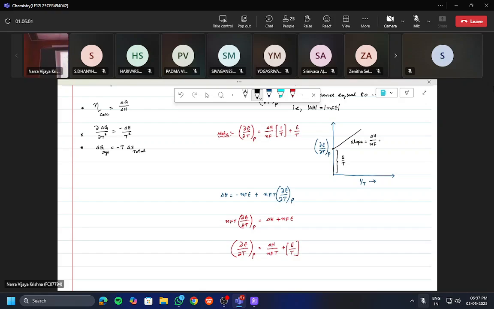Instead of intercept E by T, if I take delta H by nF as intercept, then slope becomes E. If intercept is E by T, then slope becomes delta H by nF. What is the relation between intercept and slope? Are both the same, or is there any difference?